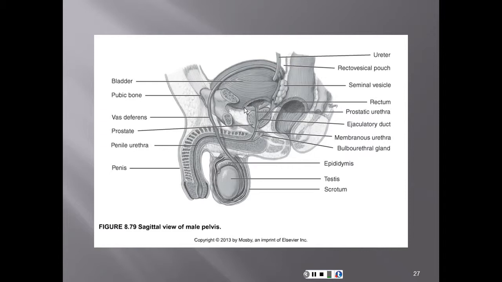Sagittal view of the male pelvis. The principal structures of the male reproductive system are the testes, epididymis, vas deferens, and ejaculatory duct, seminal vesicles, prostate gland, bulbourethral gland, and penis. The scrotum is a musculotendinous pouch that encloses the testes, epididymis, and lower portions of the spermatic cord.